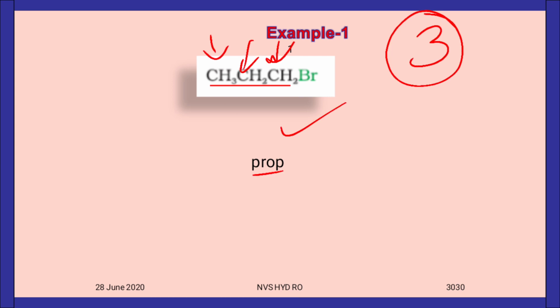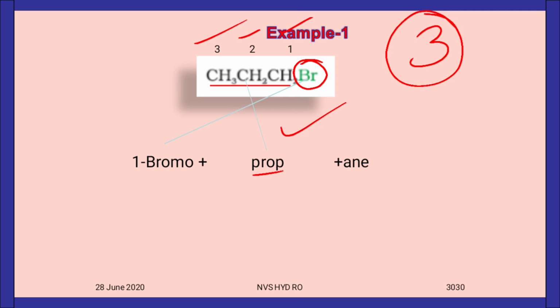Prop is already there, but what is the substituent? It is bromide. Counting is shown here: 1, 2 and 3. This is 1-bromo plus propane. This is the IUPAC name, 1-bromopropane.